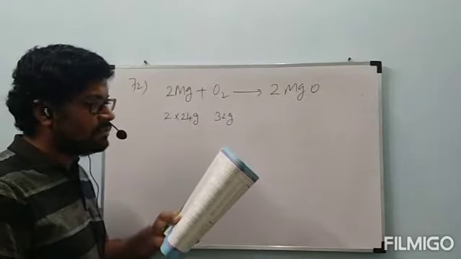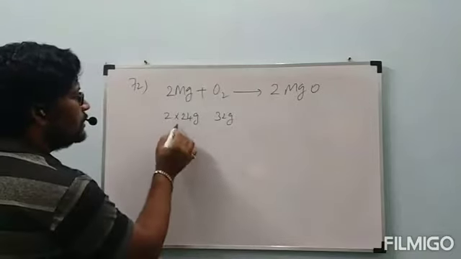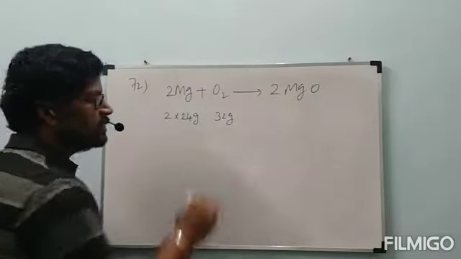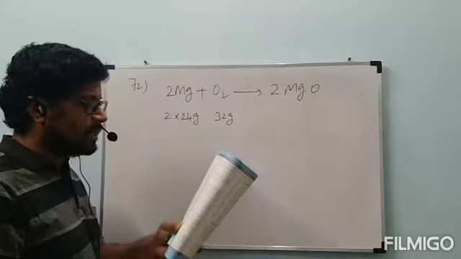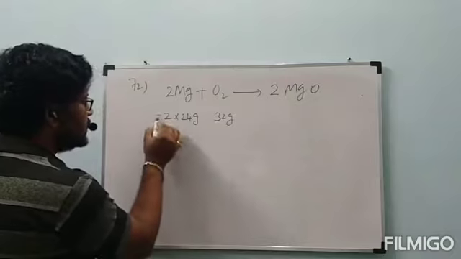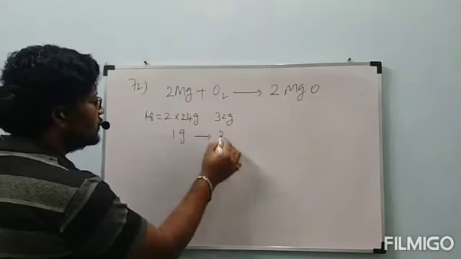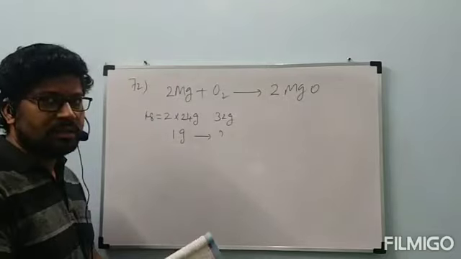1 gram of magnesium burned in a vessel of 0.5 grams of oxygen. Okay, 2 into 24 grams of magnesium should react with 32 grams of oxygen, but they give 1 gram of magnesium. 2 into 24 is 48. 1 gram of magnesium should react with how much amount of oxygen? Let us find that.